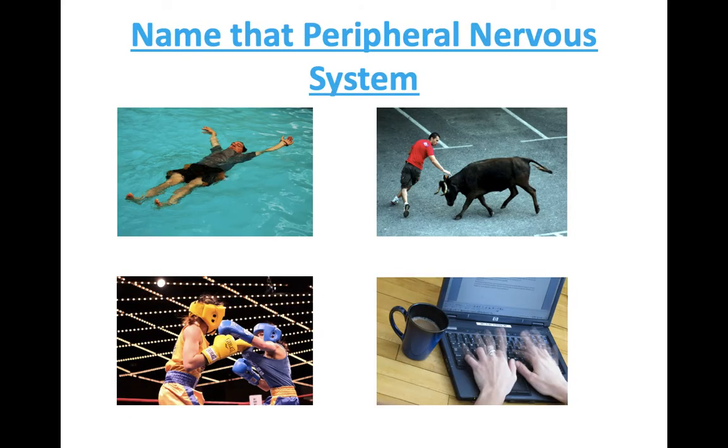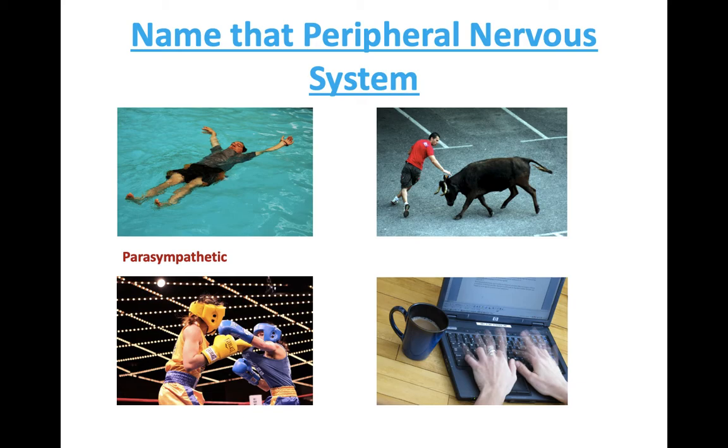All right, here are a couple of pictures. If you had to name the peripheral nervous system that was involved, we can think of the first picture in the pool as relaxing, so it's our parasympathetic nervous system.